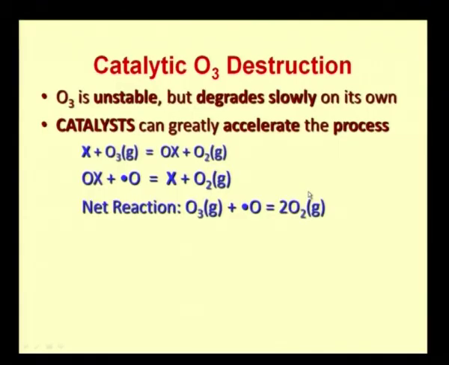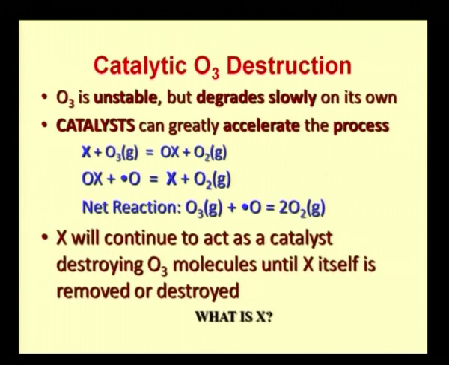So, what is the net result? That O3 is reacting with an oxygen and giving 2 O2 gas, and in that way the ozone is gradually depleting and converting into oxygen.